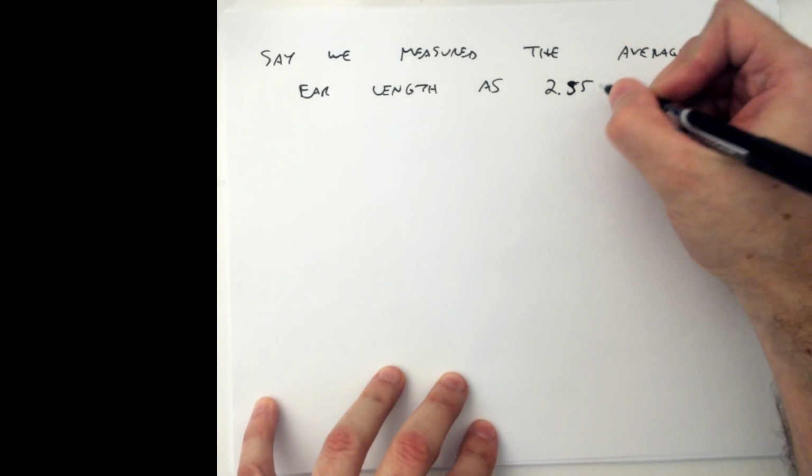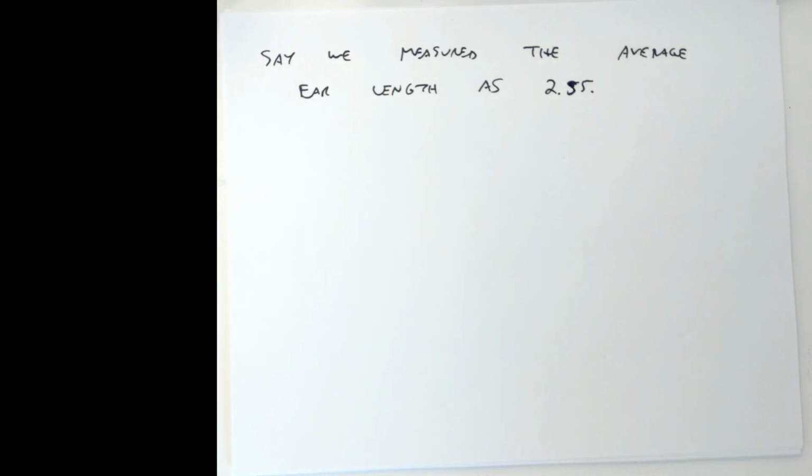Okay, so it's kind of halfway between 2 and 3. Maybe more likely to be llama because llamas have longer ears, but I should do a quick numerical thing, right?